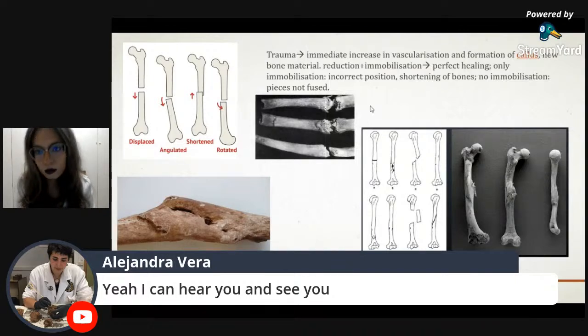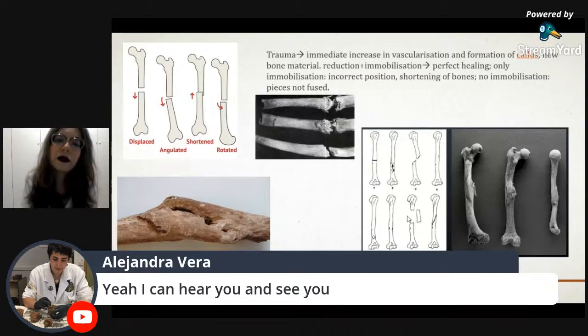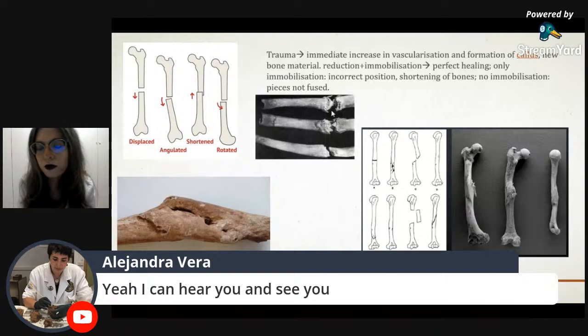So when no immobilization happened, we can see that the two parts of the fractured bone remain apart. There is a callus right here and right here, but they are far away, just like in that case, and they will not fuse. So the pieces remain unfused.